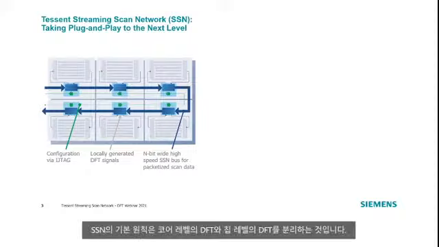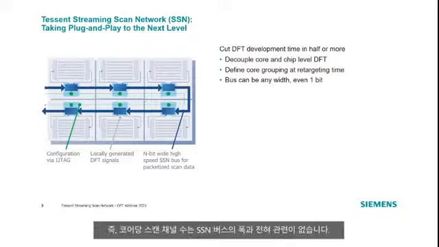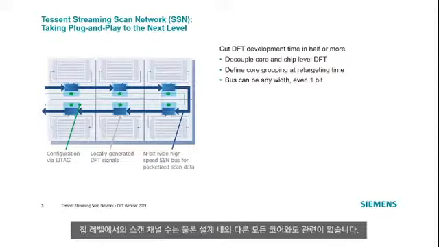The fundamental principle behind SSN is that core level and chip level DFT is decoupled. What that means is that the number of scan channels per core is completely independent of the width of the SSN bus, as well as the number of scan channels at the chip level, and also independent of all the other cores in the design.